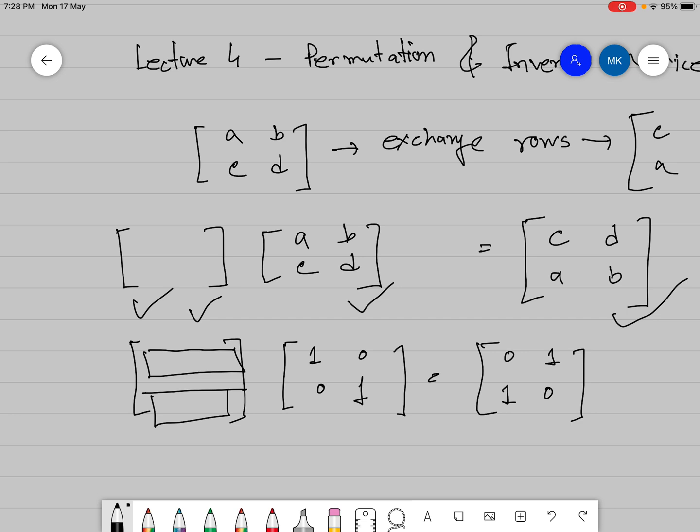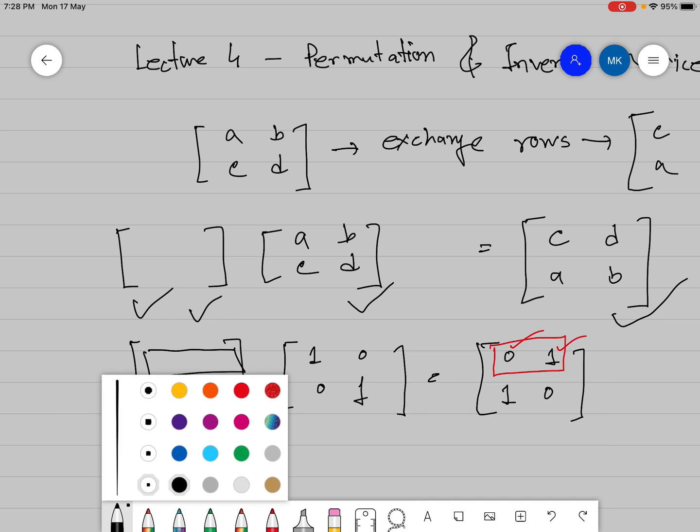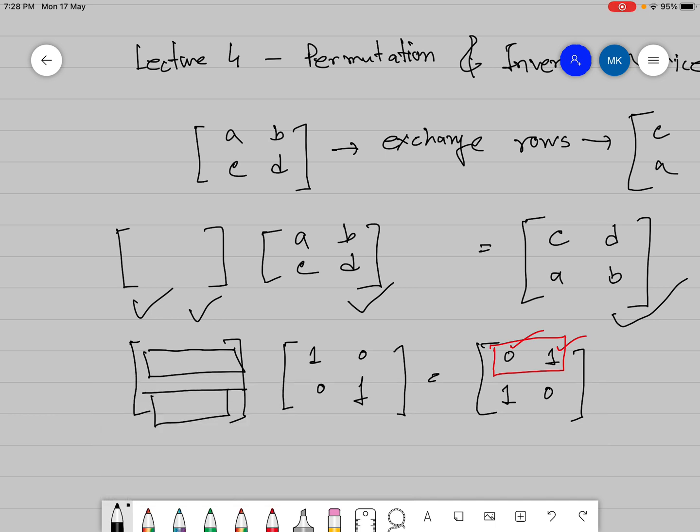the result you can see here is none of the first row and ones of the second row. So we'll have a matrix here that takes none of the first row and ones of the second row, right?